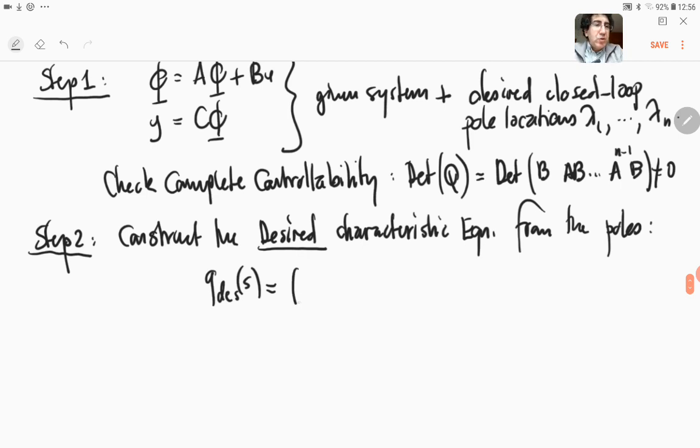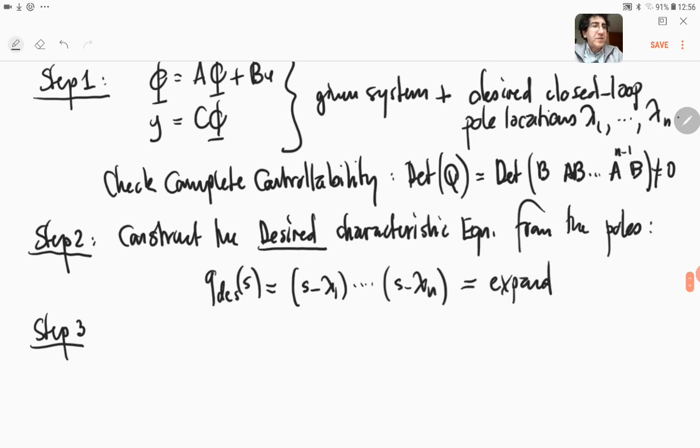So this is s minus lambda 1 times up to s minus lambda n, the product of these poles. Also you will expand this obviously to find the coefficients.